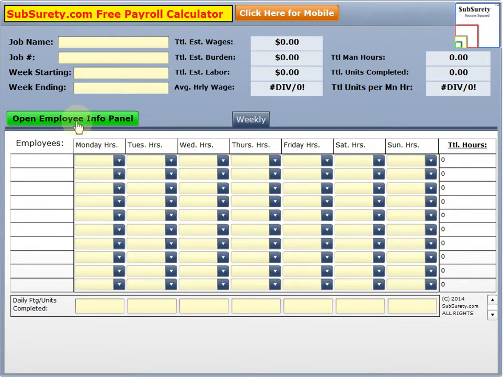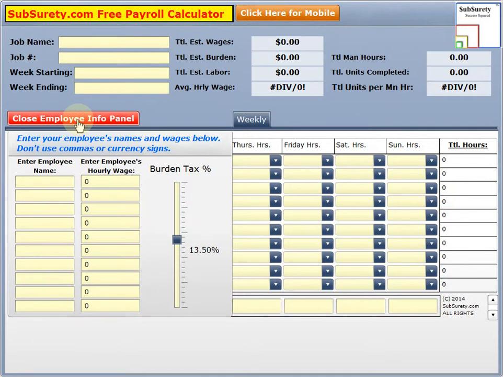So the first thing we need to do is put in our employee information. So we click that button and a little pop-up panel opens up, and we just put in our guys' names. I'm just going to put in first names to protect the innocent or guilty. Fred. Alright.